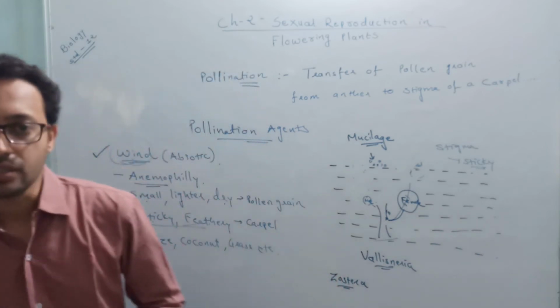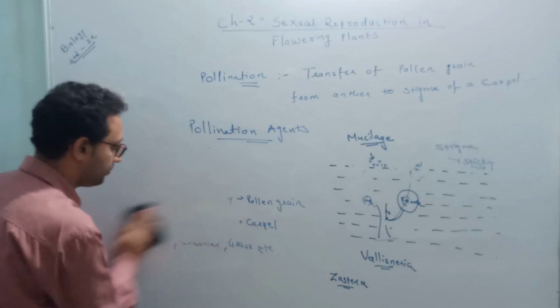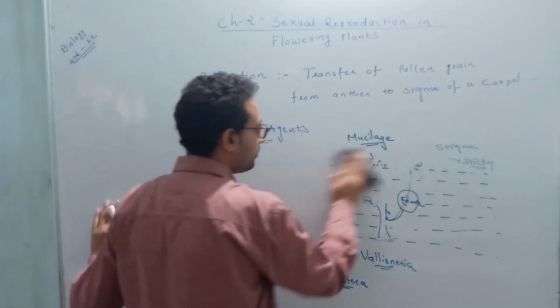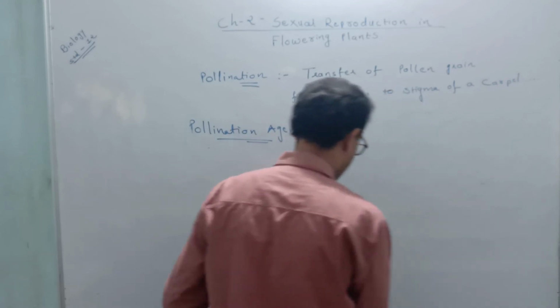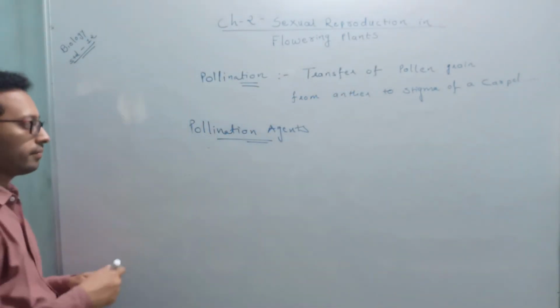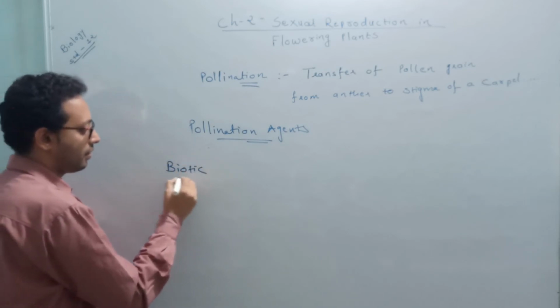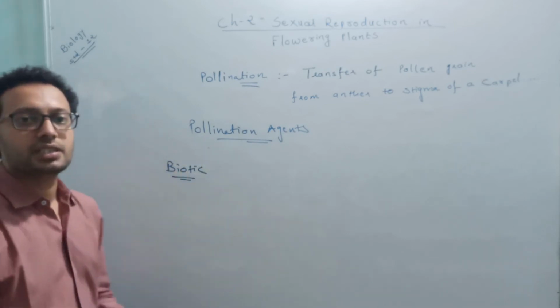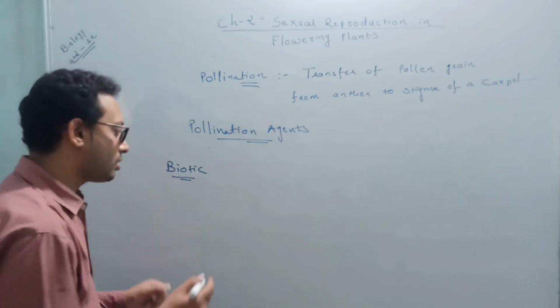Now, how do the biotic agents help in the pollination process? Biotic agents, that means living things, help in pollination.